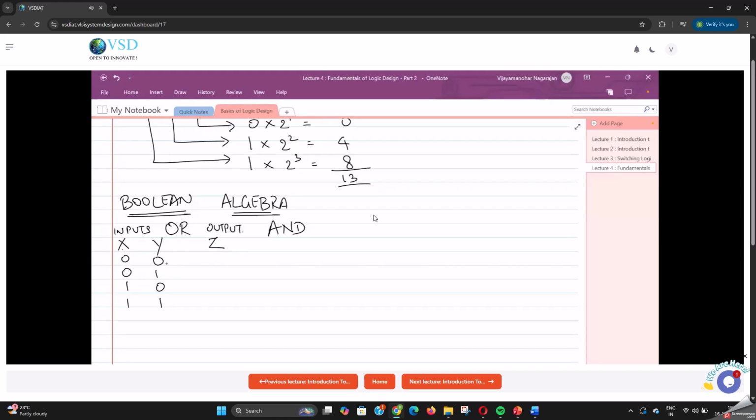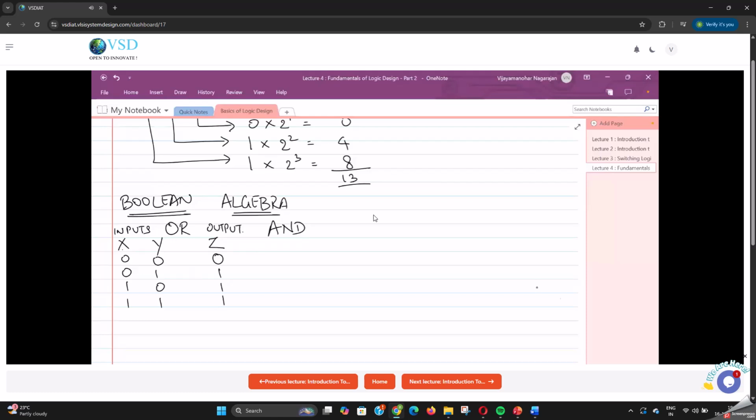It means either one you should answer. If you answer both also, it's fine. But at least one among these two you should answer, correct? So at least one among them should be 1 to make the output 1. If neither is met, the output will be 0. Like you didn't answer question 4, and you didn't answer question 5 either.